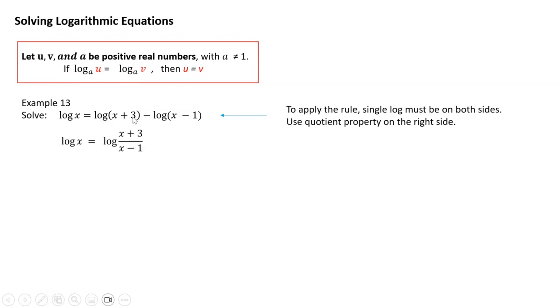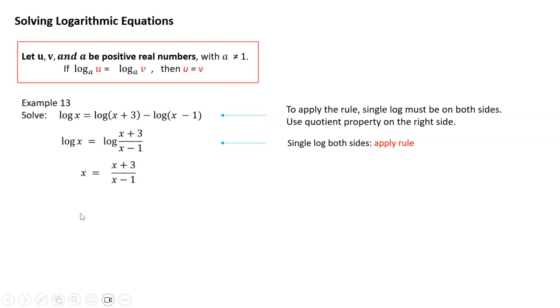So by applying the quotient rule on the right, when you put it as a single log, this becomes your numerator, and the one with a minus becomes your denominator. So this is now equivalent to the log of x plus 3 minus the log of x minus 1. It's going to be a single log, log base 10 of x plus 3 divided by x minus 1. Now we can apply the rule because we have single logs on both sides of the equal sign.